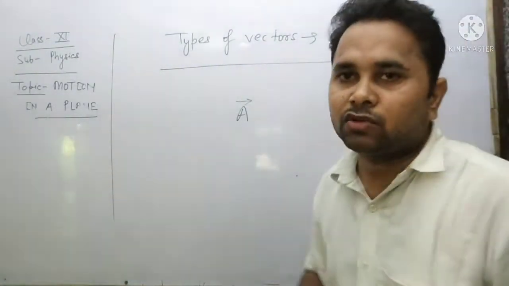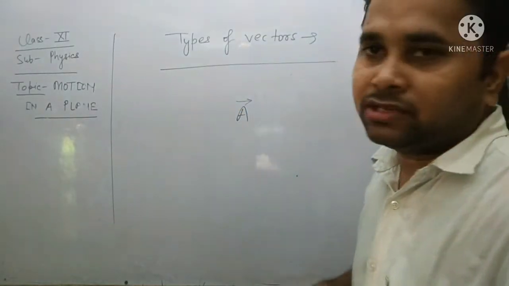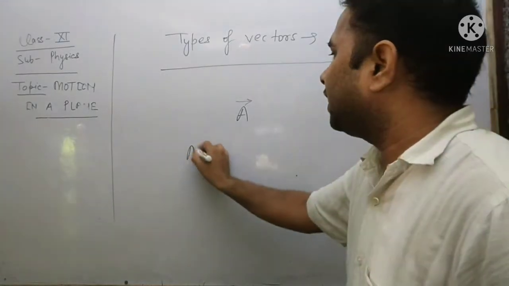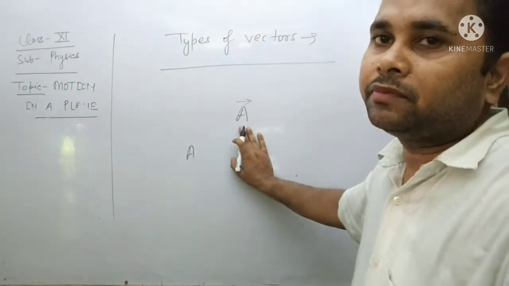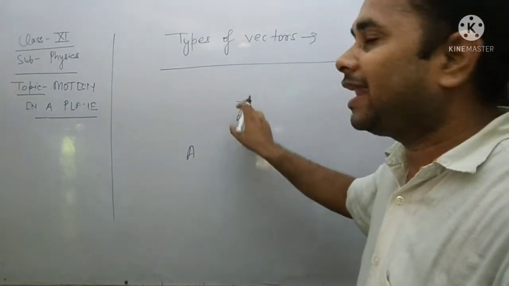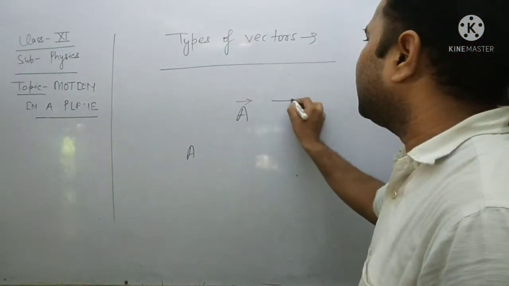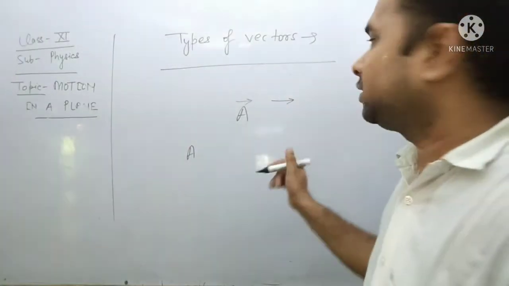If A is a vector quantity, it is represented by A vector, A with an arrow. Arrow means vector. If it is written like this, it is a scalar quantity, and this is a vector quantity because it has direction also. Always use the arrow towards the forward, positive direction.